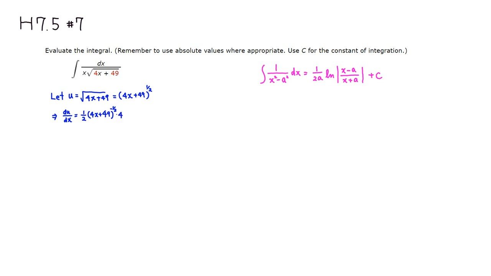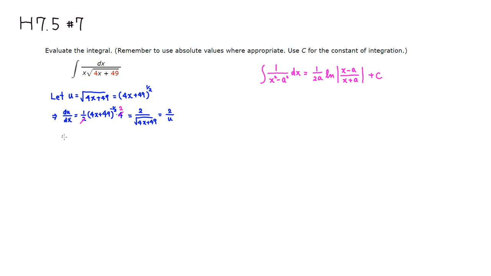We can cancel 2 on the bottom and 4 on top, so there's 2 left over. It's a negative power and a square root, so it's 2 over the square root of 4x plus 49. The denominator is the same as u, so I'll write it as 2 over u.